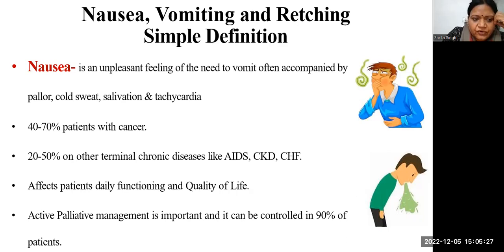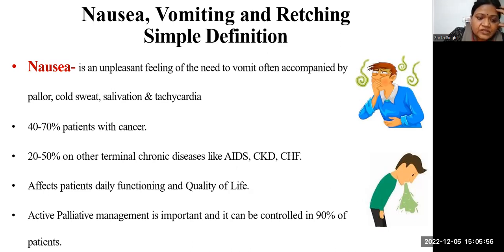It occurs in 40 to 70% of patients suffering with cancer, and 20 to 50% in other terminal chronic diseases like AIDS, chronic kidney disease, and CHF. These patients also show the feeling of nausea. It affects patients' daily functioning and quality of life. Nausea, vomiting, and retching affect the quality of life of patients as well as their caregivers.